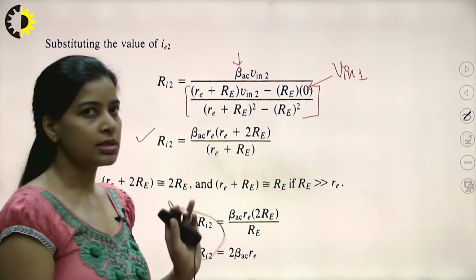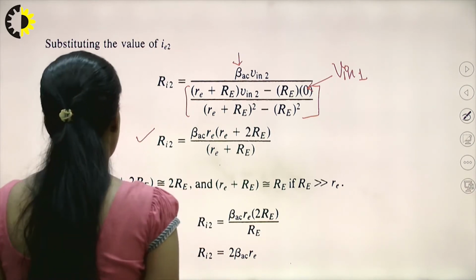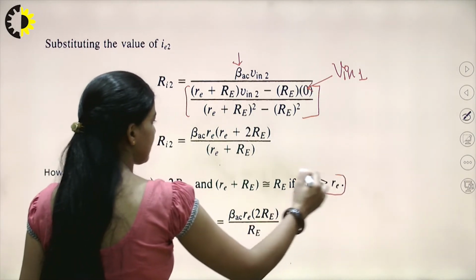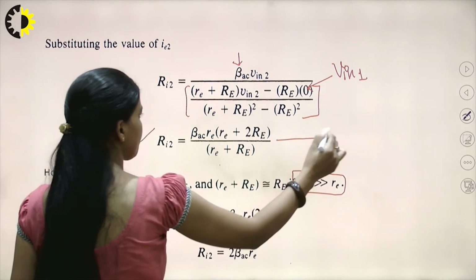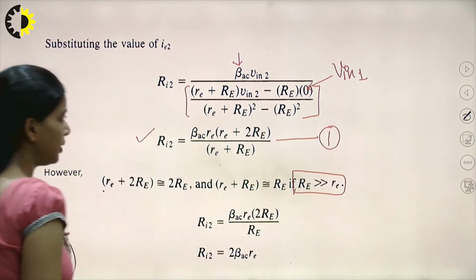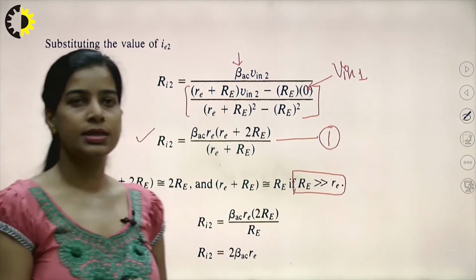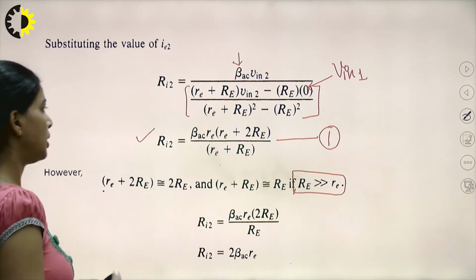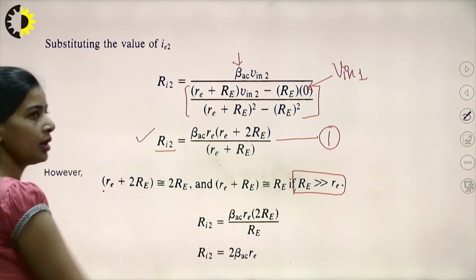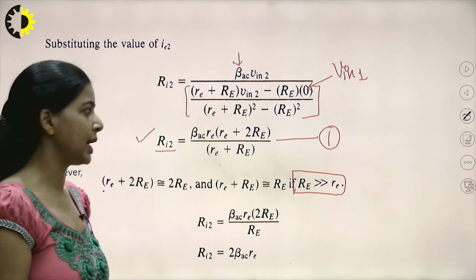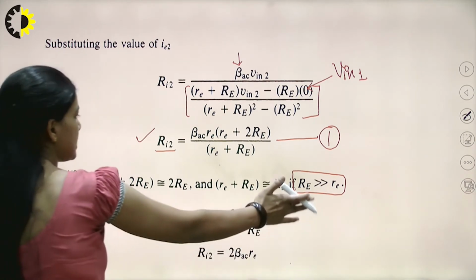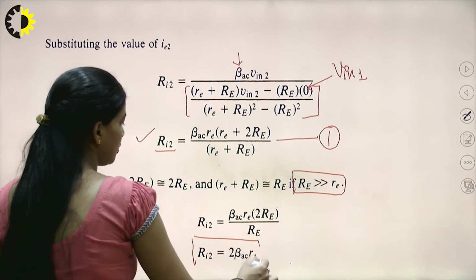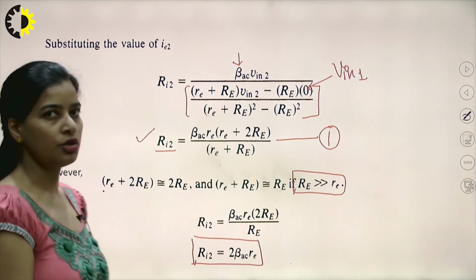Now the circuit is same, so we will take the same assumption that beta RE is greater than RE. So this one, if I number it as 1, so this equation number 1 is the exact expression of input resistance that is being seen from the V in 2 side. So with this assumption, that expression will reduce to 2 beta AC into RE.